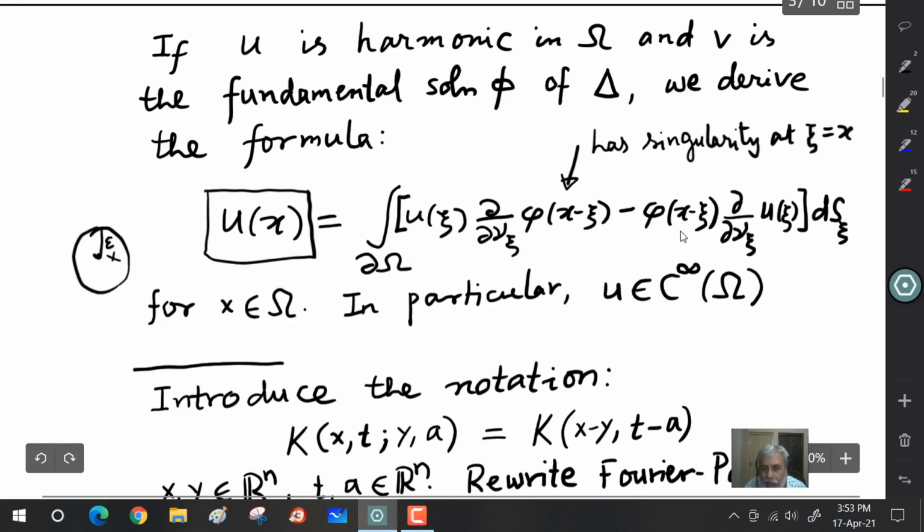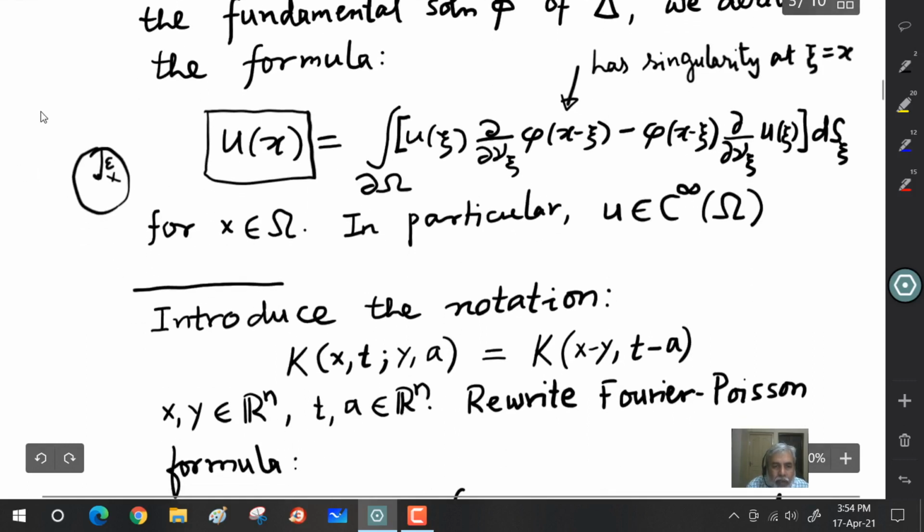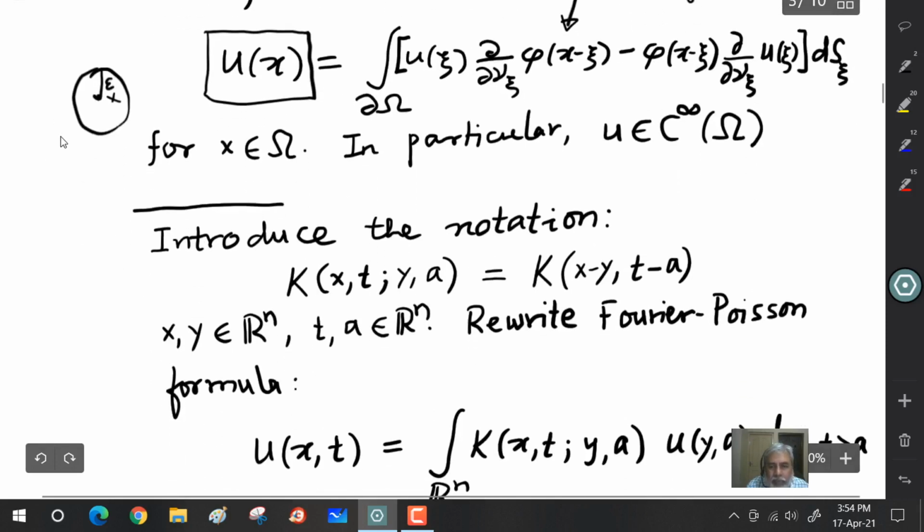These are called single and double layer potentials, and this should not be taken as a formula for the solution, because this formula requires both u and its normal derivative on the boundary, and both cannot be given simultaneously. So this is not a formula for the solution, but nevertheless this is an important formula. We can use it for some other purposes.